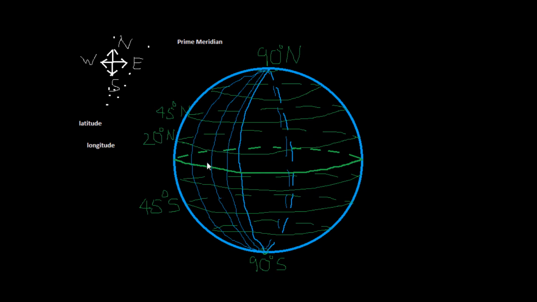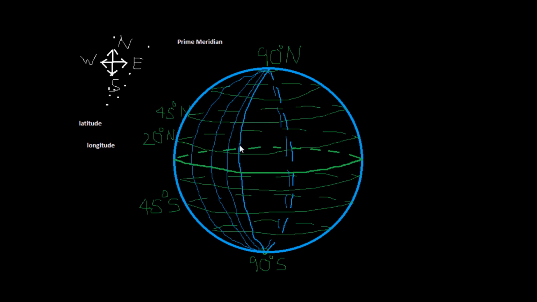Scientists have divided the Earth into 360 degrees of longitude.